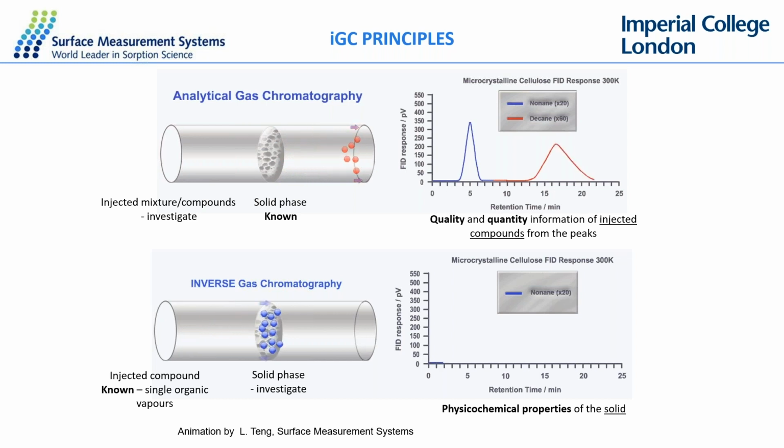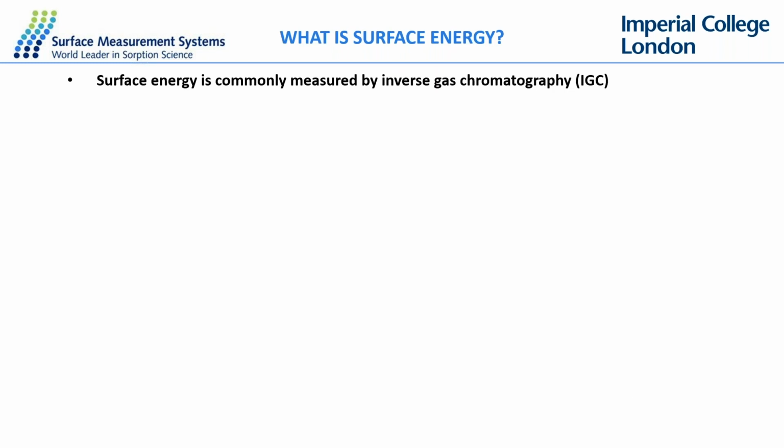In inverse gas chromatography, known vapor molecules are injected over a solid sample using a carrier gas, which is like a mobile phase. By measuring the time a probe molecule takes to elute through the packed column of the sample material, we can get the thermodynamic properties of the solid phase. So it's very unique, and it's just like the inverse.